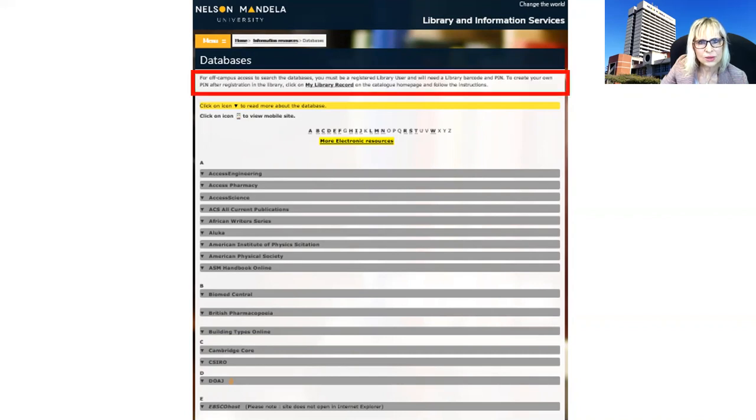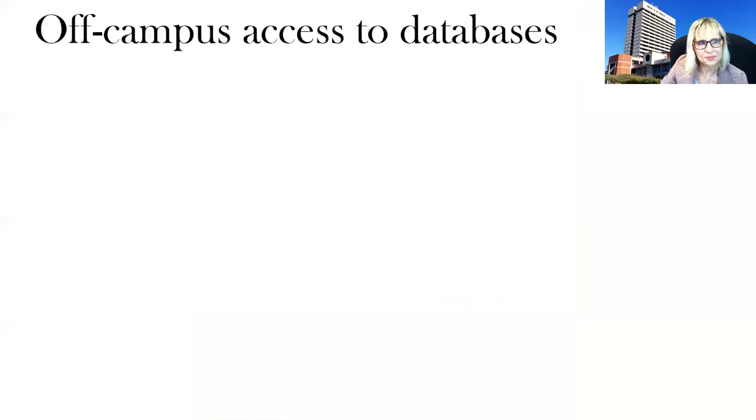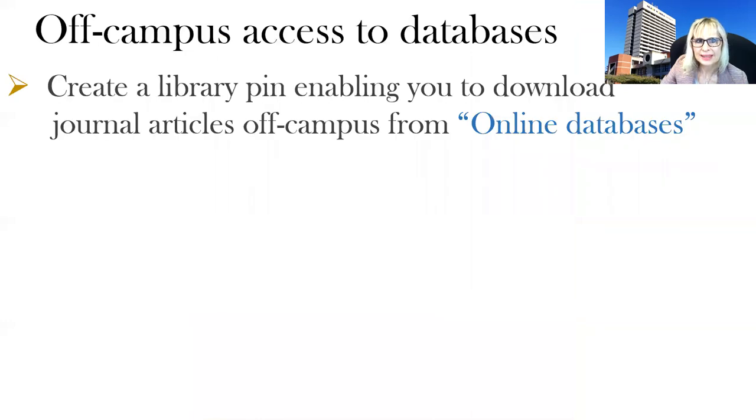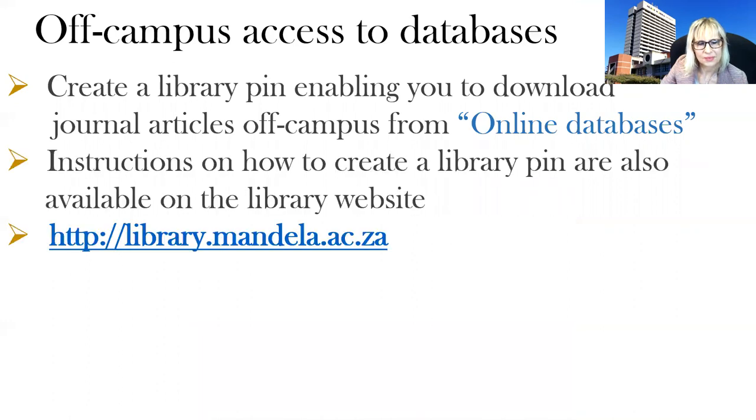And please remember to create the library PIN as well to access the information off campus. The library PIN will enable you to download journal articles off campus from online databases. Instructions on how to create the library PIN are also available on the library website.